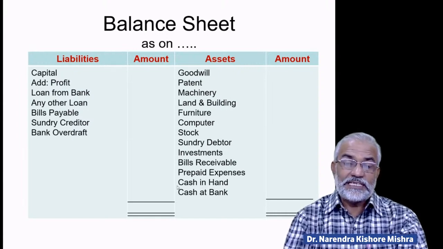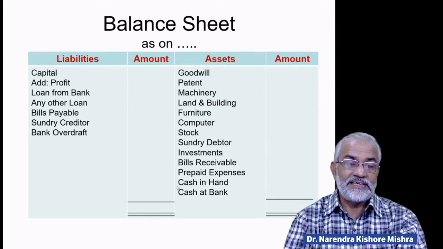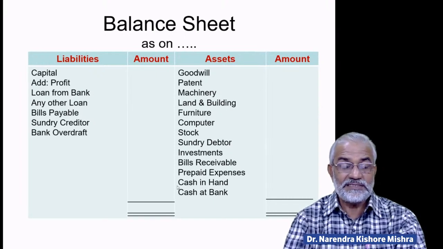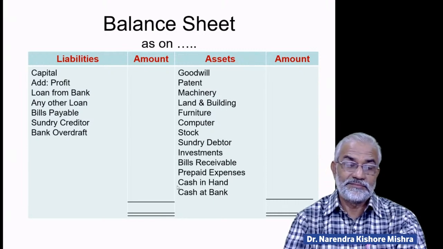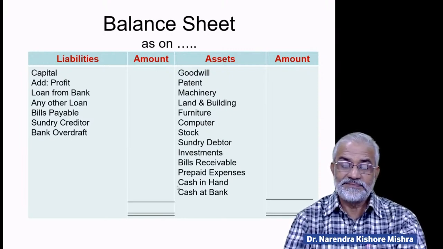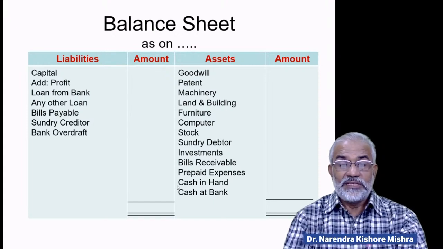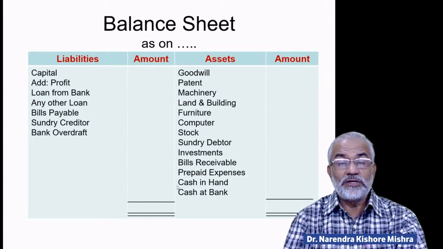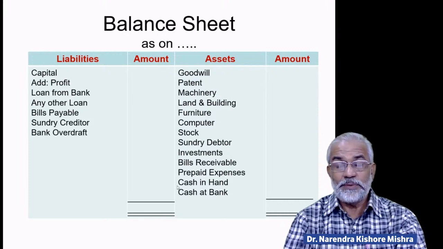Suppose there is a prepaid expense for rent of 3 months. The financial year ends on 31st March, but the rent has been paid up to 30th June. That prepaid expense would be shown as prepaid rent in the balance sheet. But when in the next financial year we go on consuming, suppose the month of April has been consumed.